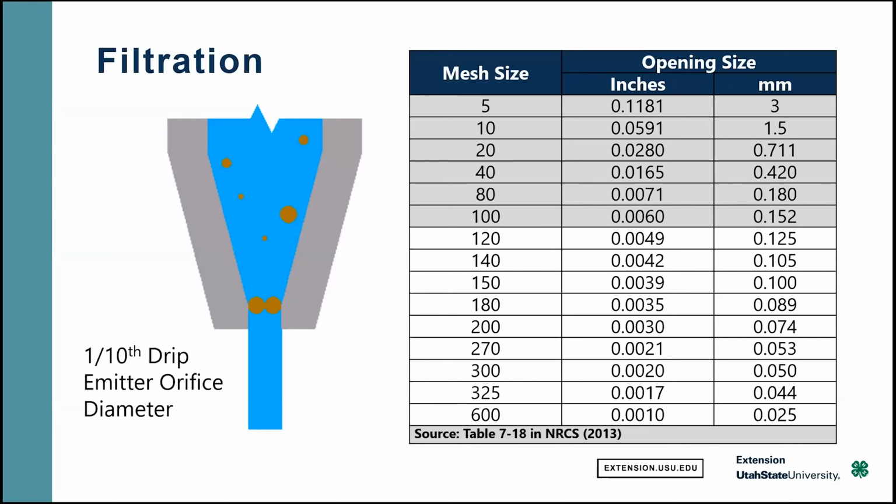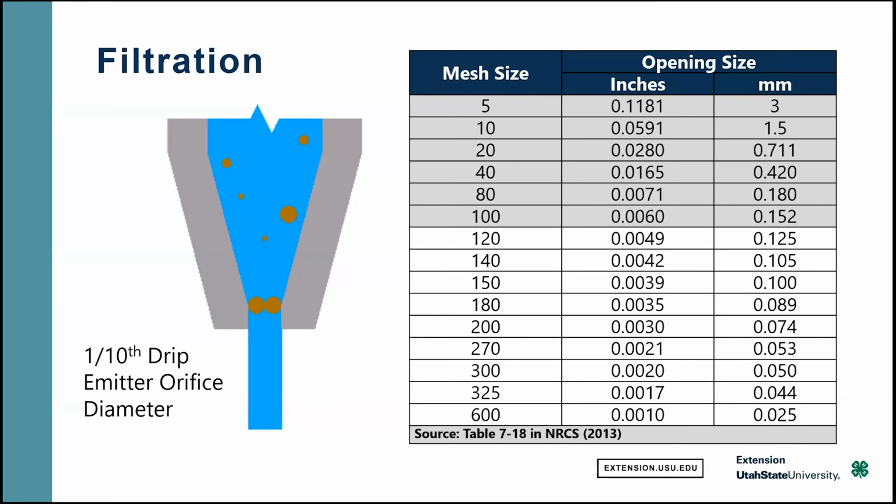When we look at this thing on the left, what you're seeing is just kind of, I drew a little sprinkler nozzle. The same principle applies to drip emitters. If you have an opening, we have to filter much smaller than what that opening actually is, because we can get what we call bridging.